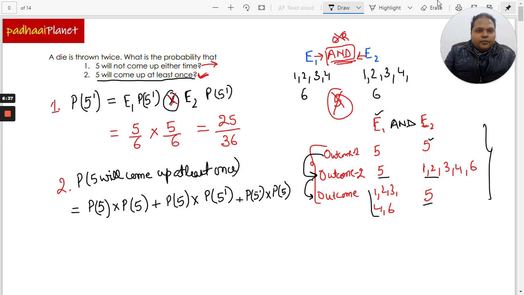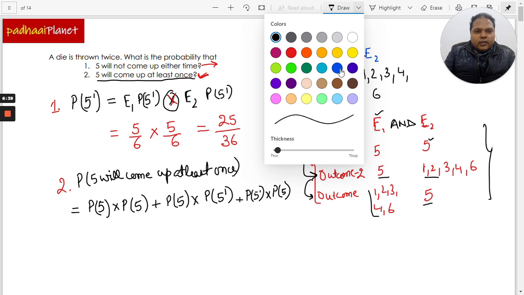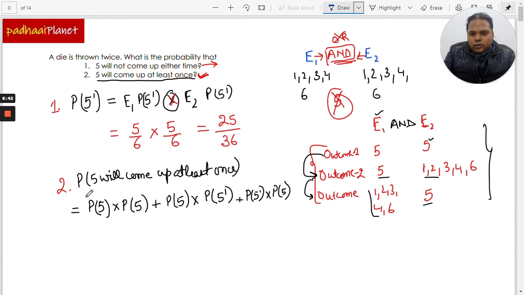right? Now the important thing to understand here is that these two are coming from outcome number 1, these two are coming from outcome number 2, and these two are coming from outcome number 3, and we have to add all these options, and within these three outcomes both the events have the relationship of "and", hence there is a multiplication, right?